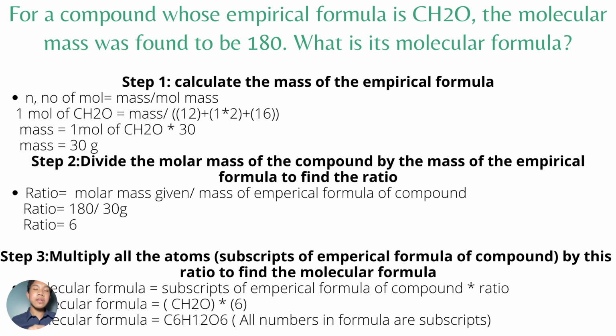So you multiply each subscript in the empirical formula by the ratio. The ratio in this question is 6. So C1 times 6, you will get C6. H2 times 6, you will get 12. And O1 times 6, you will get 6. So your molecular formula is C6H12O6, glucose, which I have been using from the start.